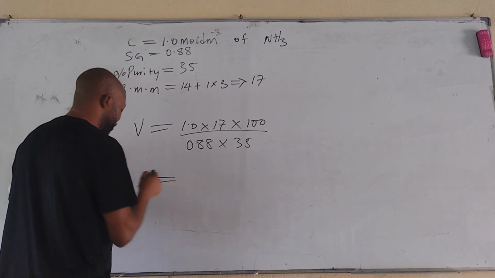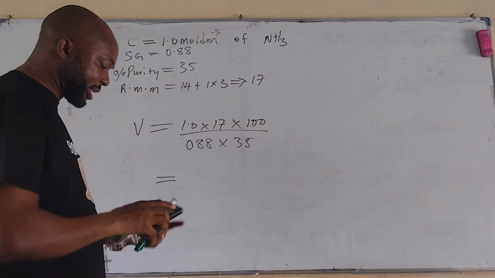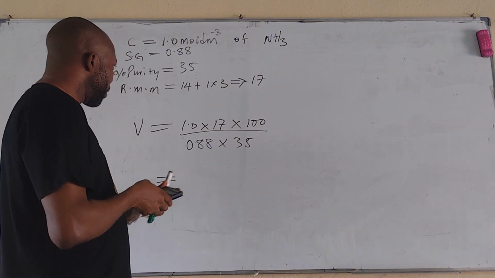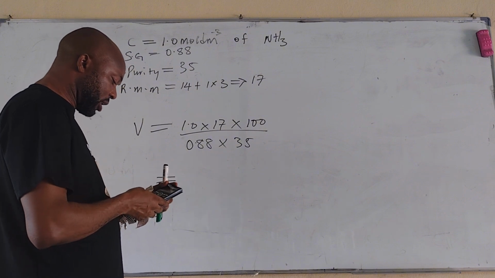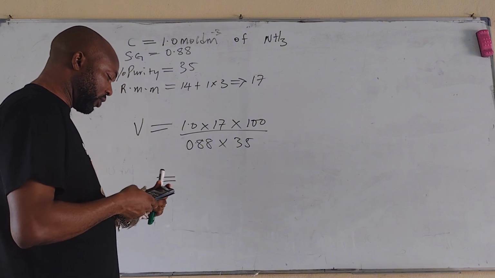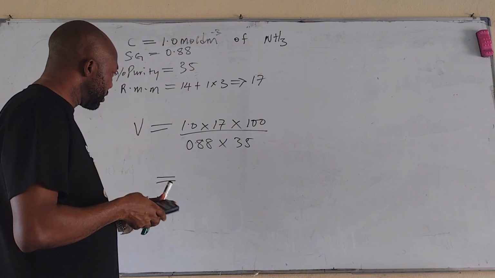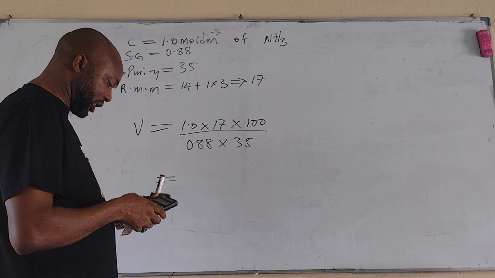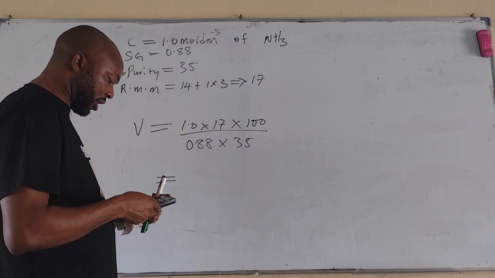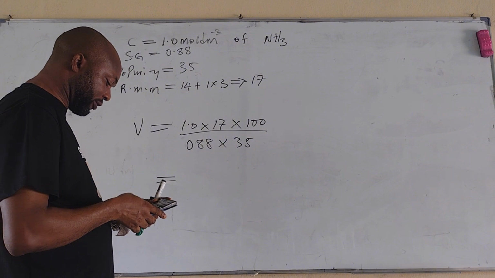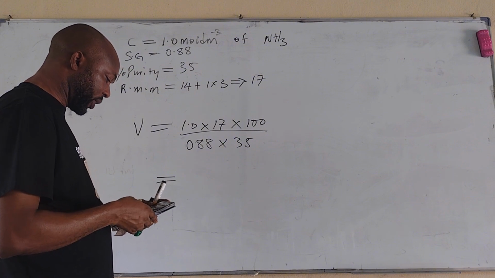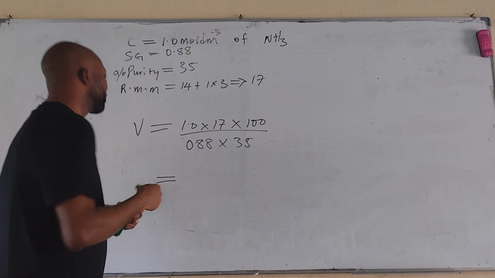This is equal to, what do we get here? We have 17 times 100, which is 1700, divided by 0.88, and then divided also by 35. We have 55.2.